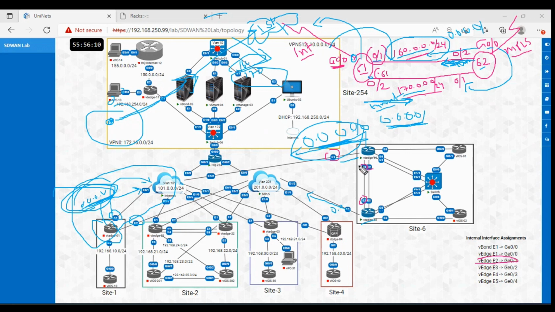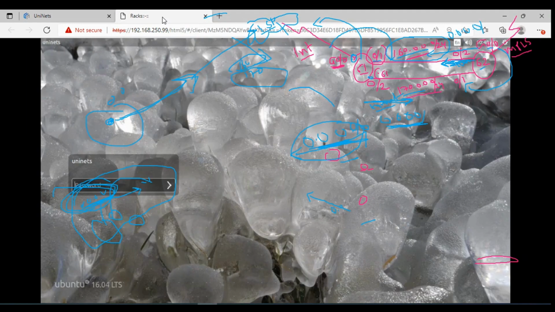We will not be configuring it via CLI, because if I remember correctly, we have already discovered these routers and configured the basic configuration on them. Let me go to vManage.